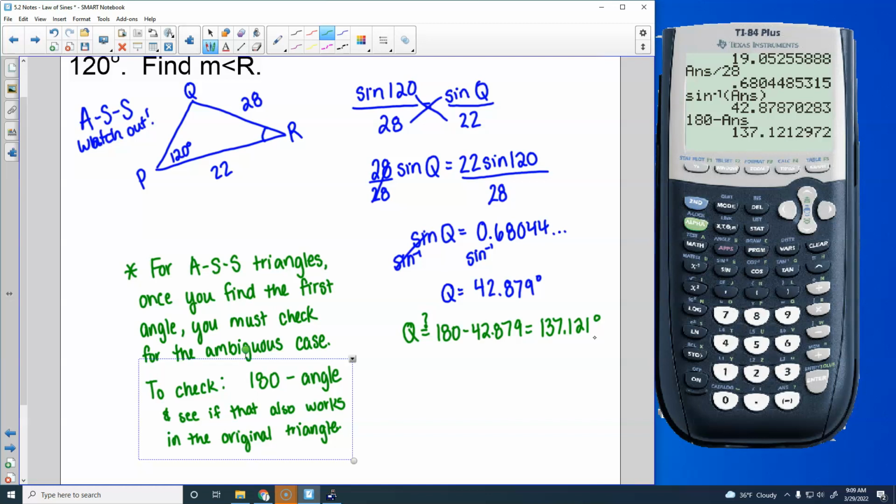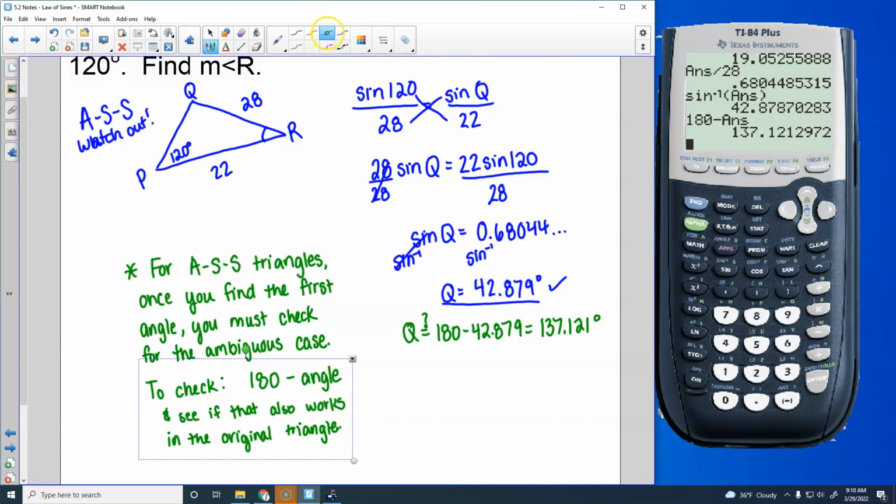Okay, so sine of Q could equal this value for 42.879 and also for 137.121. However, if I go back to my original triangle, I already know for sure that Q has to be correct. The first answer it's going to give you is going to be correct. But the second one, when we do 180 minus that number, it might work.